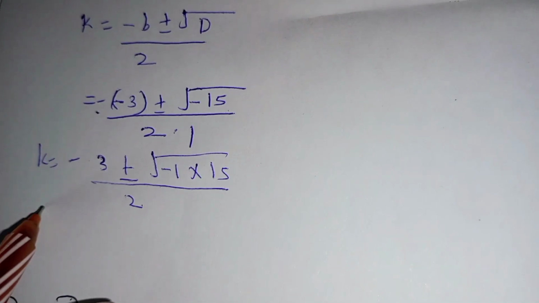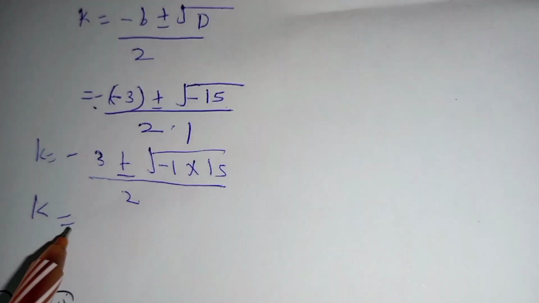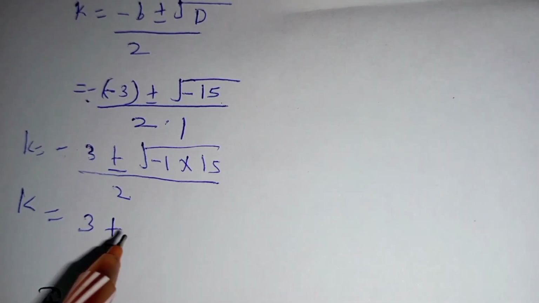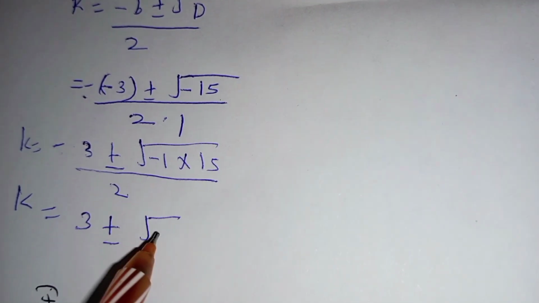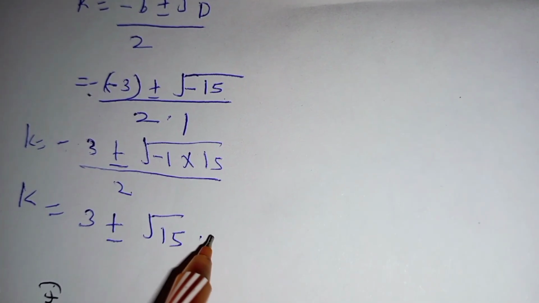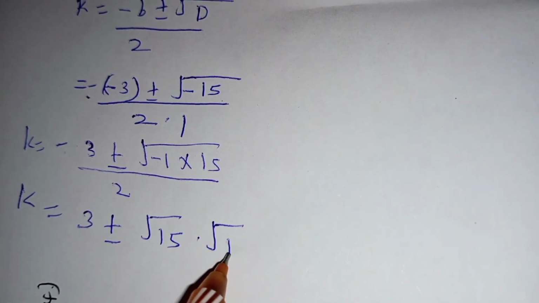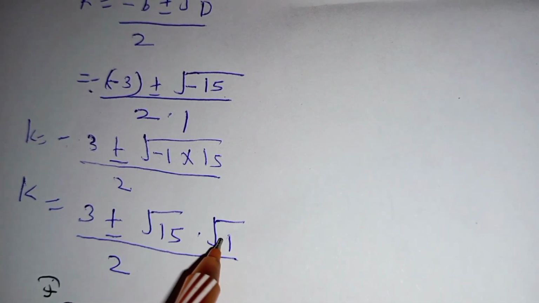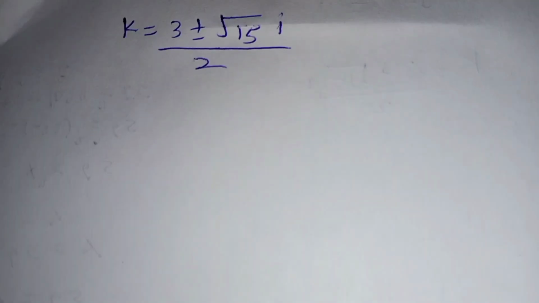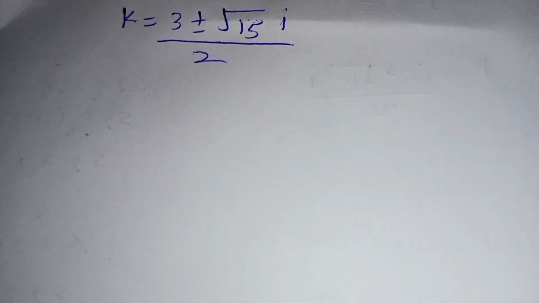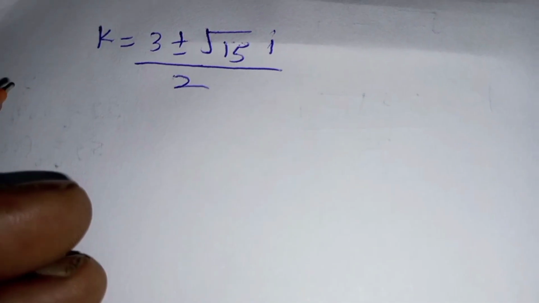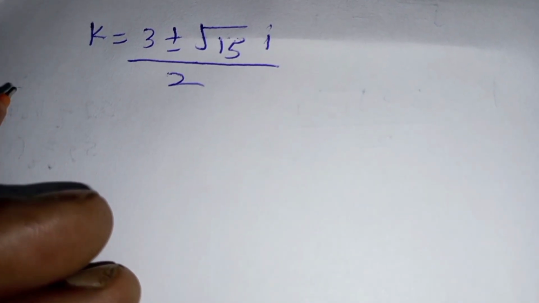So our k will be equal to 3 plus or minus square root of 15 multiplied by square root of negative 1, divided by 2. So k is equivalent to 3 plus or minus square root of 15 i, over 2.